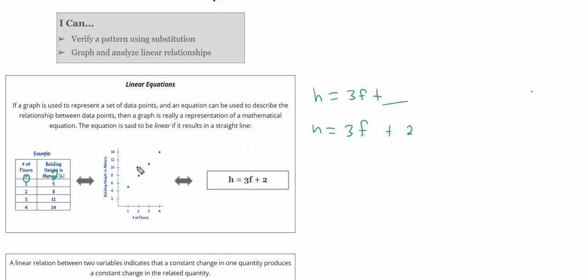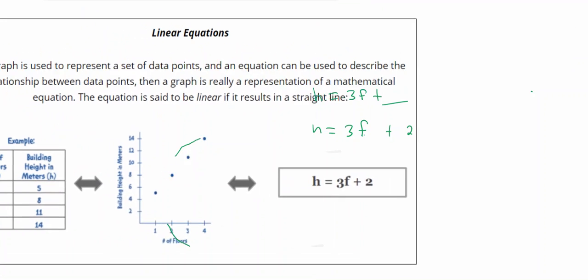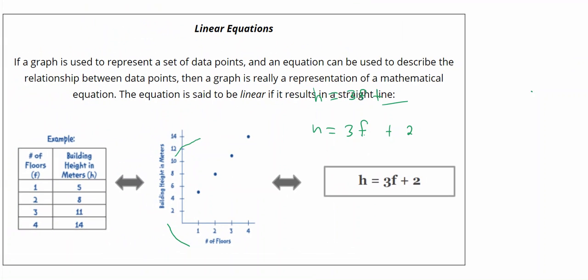Now, what we can do here is make an actual graph of this situation. The number of floors would be our x values, so these are going across our x-axis, this way: 1, 2, 3, 4.